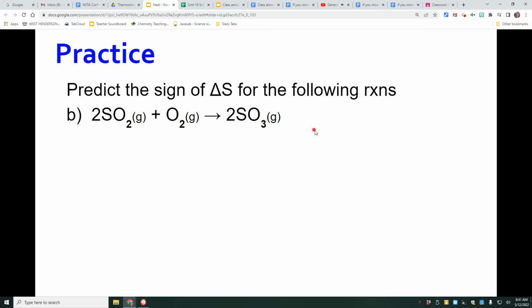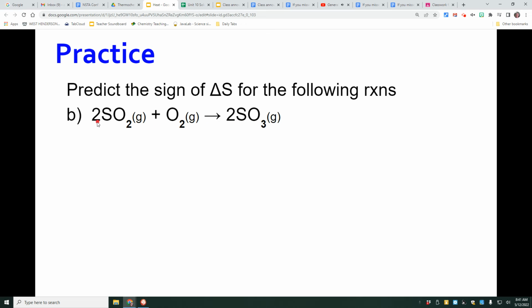Now, here we have another practice problem. We want to predict the sign of delta S for this reaction. So if we look at the states of matter, they're all gases. So this is where we have to use that other rule, and this is going to be the moles of gas. So we're going to get the moles of gas, or at least relative moles of gas, from our coefficients.